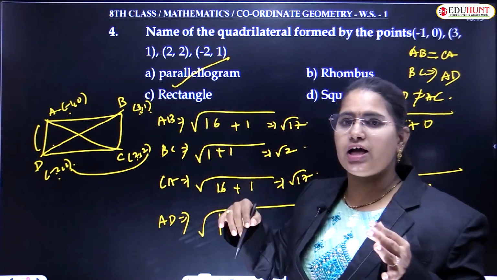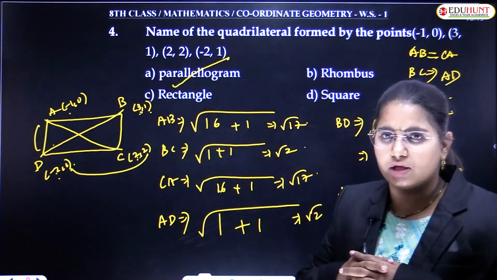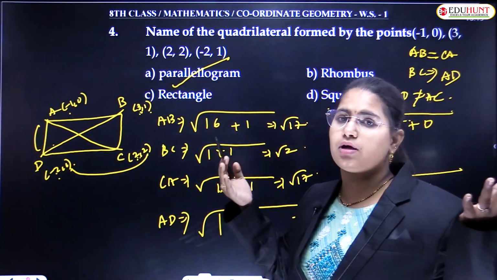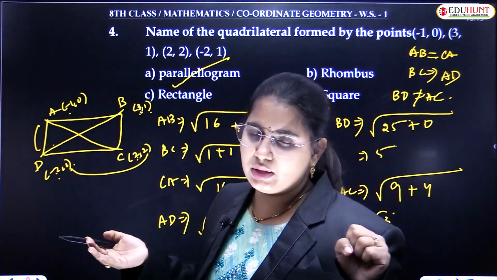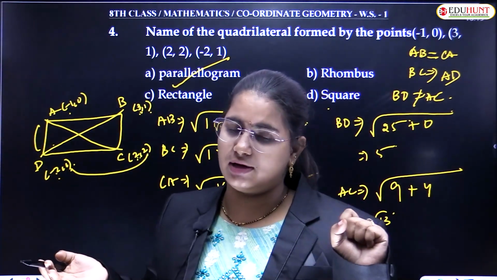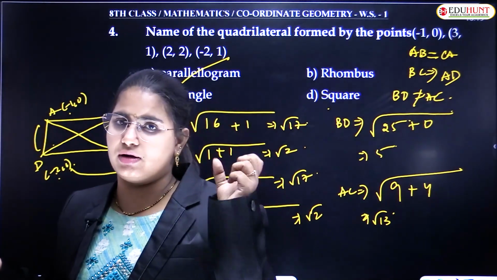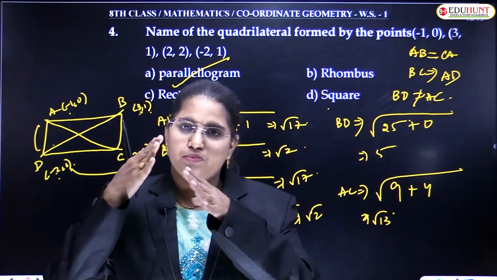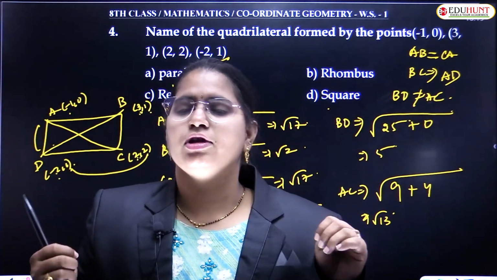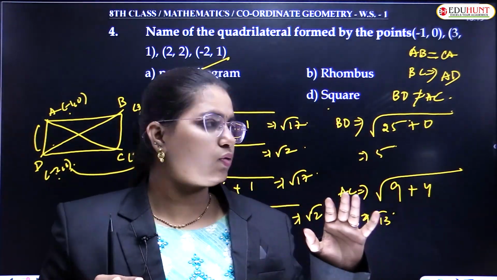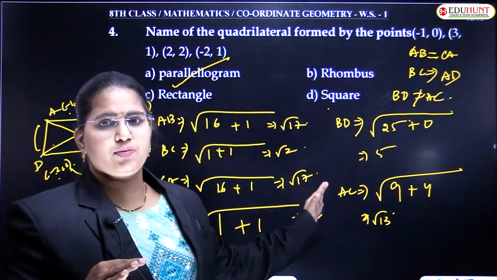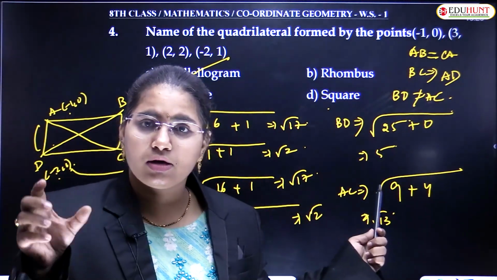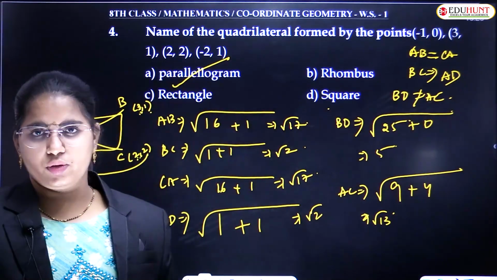In a rectangle the diagonals are also equal. In a square all sides and all diagonals are equal, but in a parallelogram the opposite sides are parallel and equal, and the diagonals are not equal. So from the above, by using the concept of distance formula, I can say that this particular quadrilateral is a parallelogram.